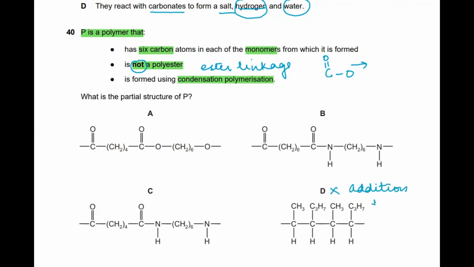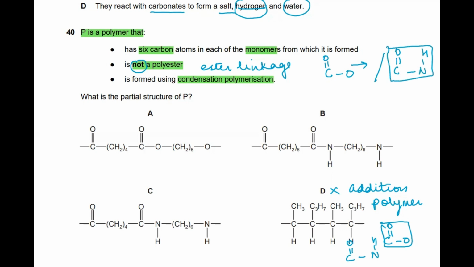This product is the product of addition polymerization, an addition polymer, because you don't have any linkage here. Neither do you have an ester linkage nor an amide linkage here. This is your amide linkage, right? So when it does not have an ester linkage, what should it have? It should have an amide linkage. So let's check it out. Do they have an amide linkage? Because in O levels, we only do these two cases: either they have an ester linkage or they have an amide linkage.